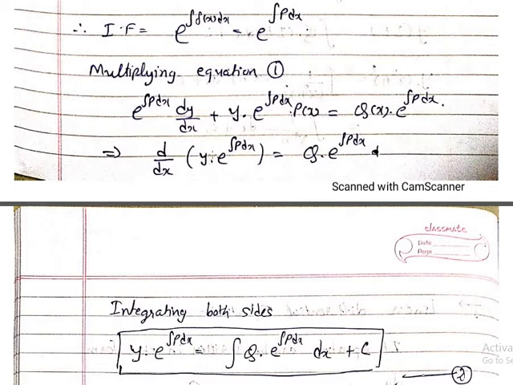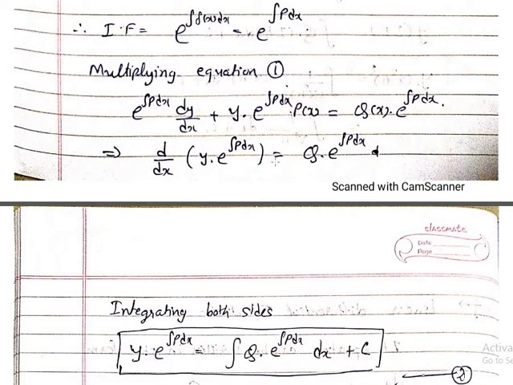The first derivative of y with e raised to as it is, that means dy/dx into e raised to integral P dx, plus y as it is, and the derivative of e raised to is e raised to, and the derivative of the integral will be P. So this is d/dx of y into e raised to integral P dx.